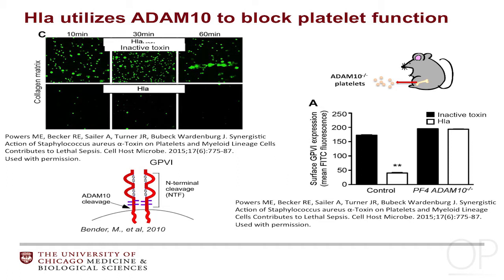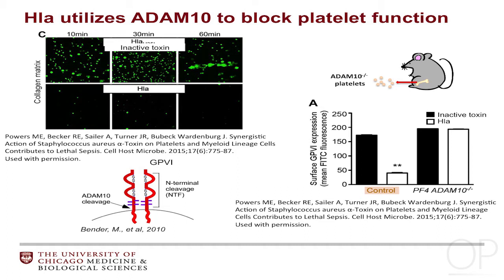In this context, toxin-exposed platelets, we predicted, would still express the surface glycoprotein, which allows for tethering to collagen. And indeed, this is what we observed. If you look at the graph in the bottom right-hand panel, where we examine surface glycoprotein expression on the platelets, if you look at the control animals, upon treatment with the inactive toxin, the glycoprotein is expressed.